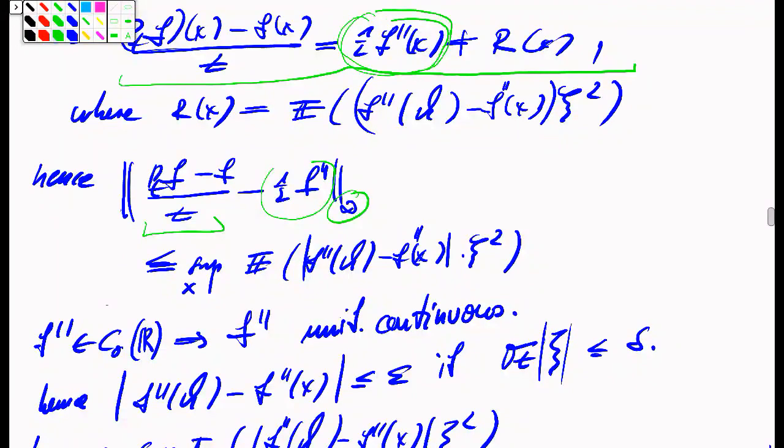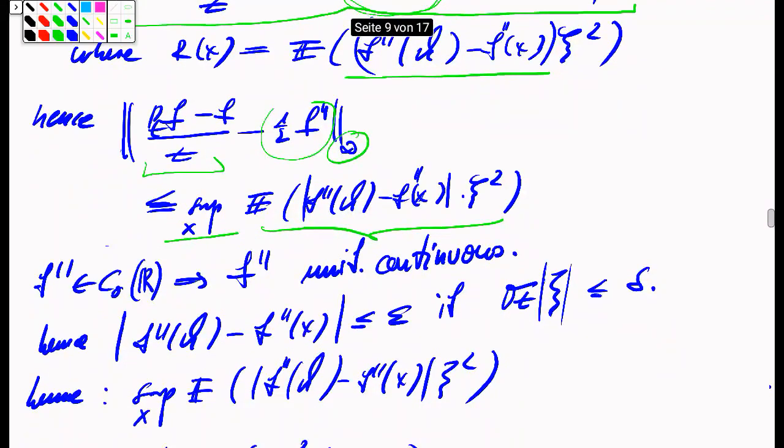So I take the supremum norm of this difference, and by the error term representation that I have just presented, this whole thing on the right hand side, if I take the supremum over all x, is bounded from above by the supremum over all x of this error term on the right hand side, which depends on x, where I have inserted the absolute value inside the integral.